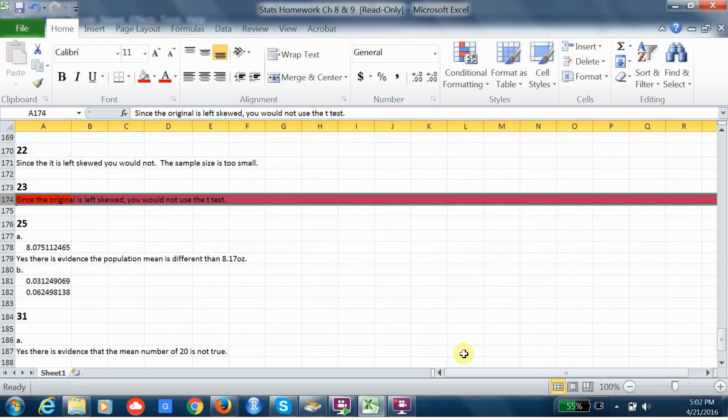Okay, so now this is the candy problem in 9.25. You're computing the critical value. Let's see.